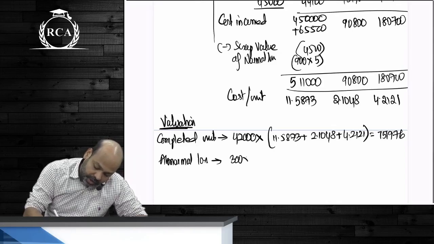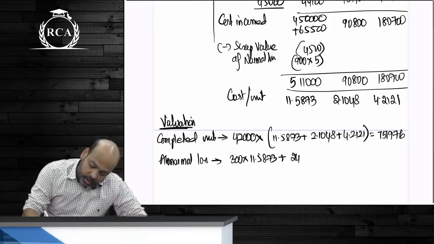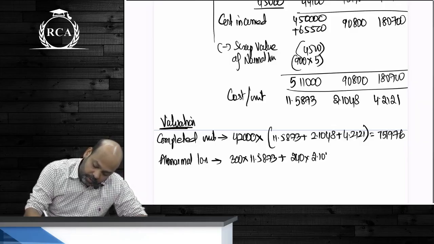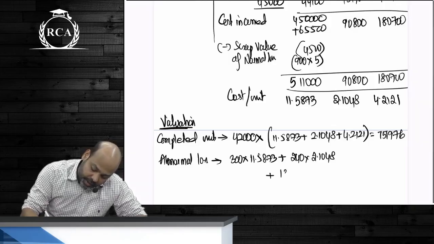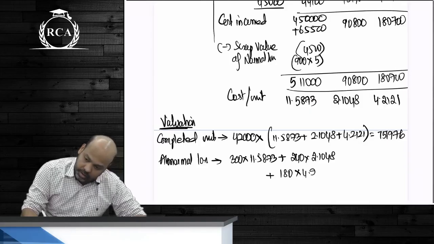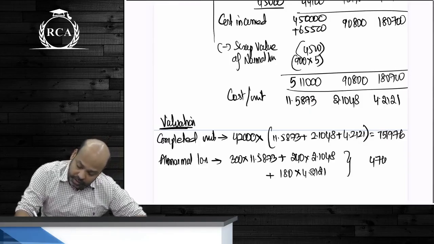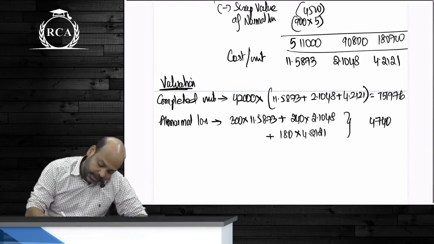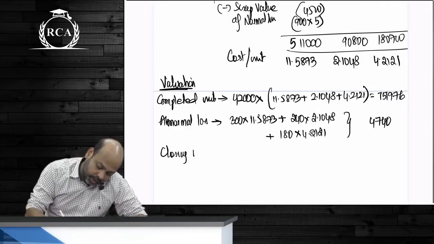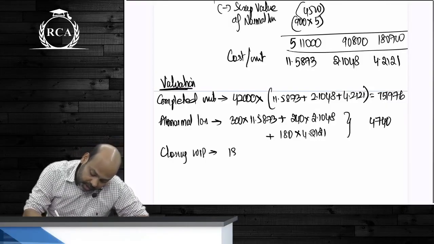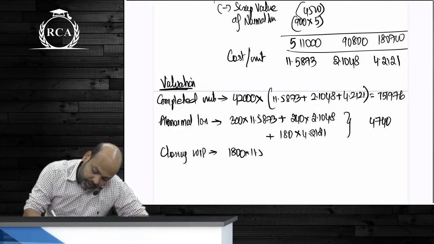300 units of material will be at 100%. Labor will be 240 units at 2.1048 and overheads will be 180 units. How much is this? 4740. And then finally, closing work in progress: 1800 units, material 100%, 11.5873.